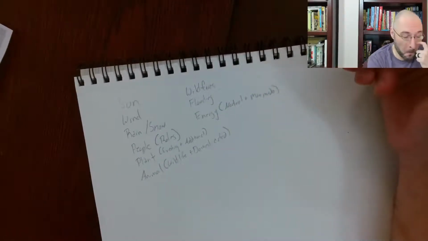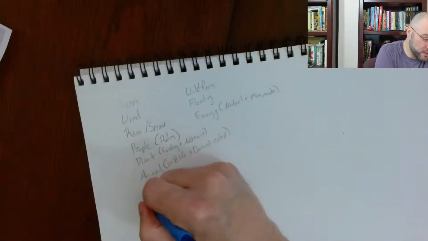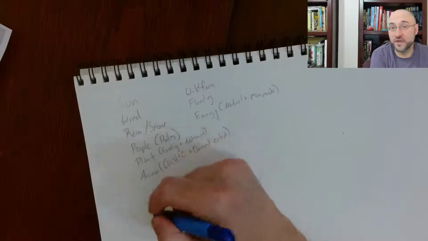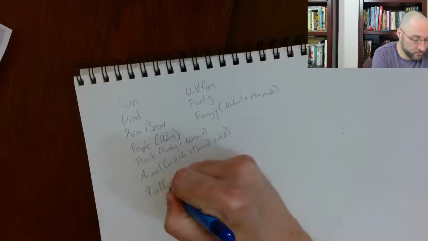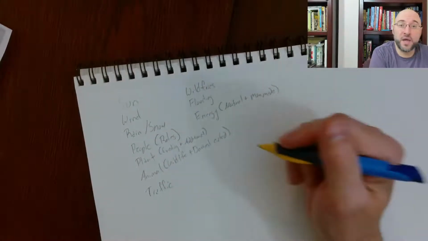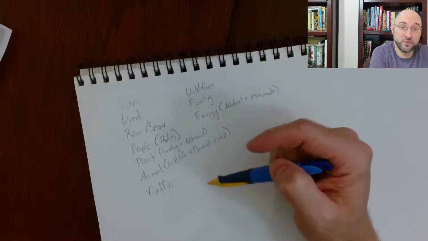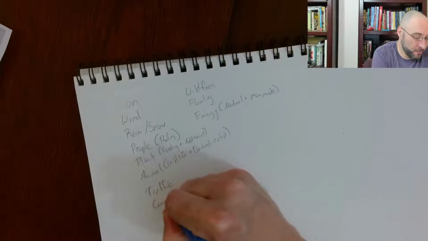And so, when I think about people, there's also, because in front of the home is a road, so I'm thinking about traffic. I may want to include, because there are road crews that come through, construction could be something that we need to be concerned about.